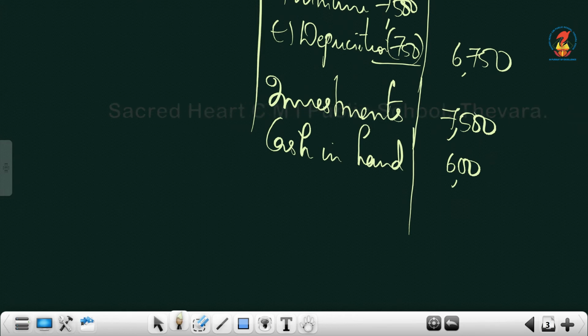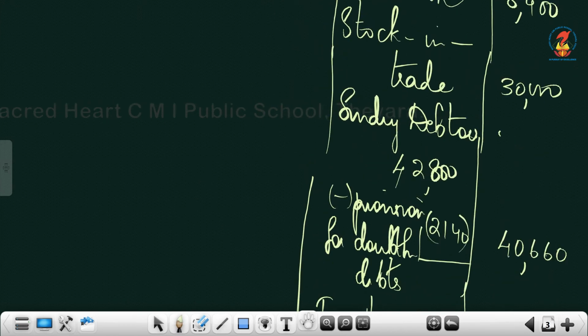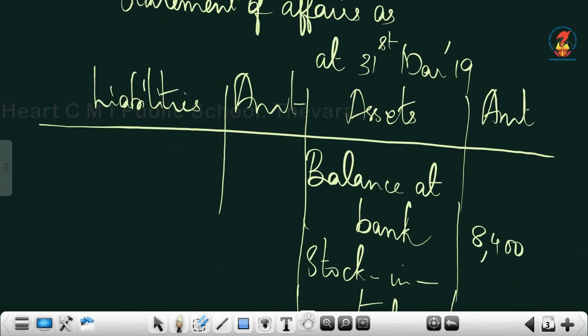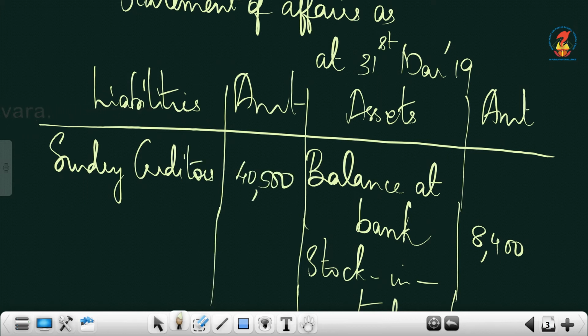Then sundry creditors 4,500. Bills payable 750.